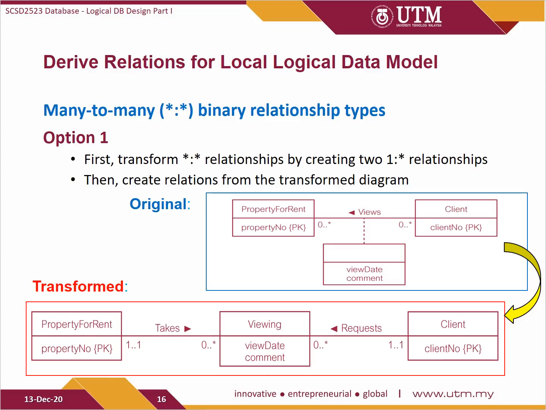The viewing entity is now designated as the child entity, and both property for rent and client entities become parent entities in this transformed diagram. And don't forget to determine the relationship name and multiplicity for these new one-to-many relationships, as shown in the second figure. Then we create relations for this transformed diagram.